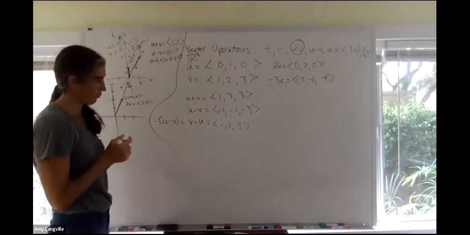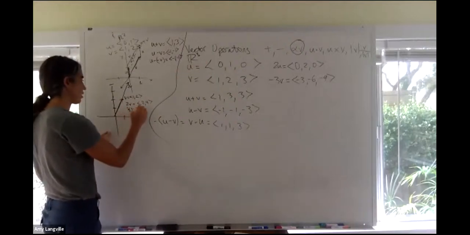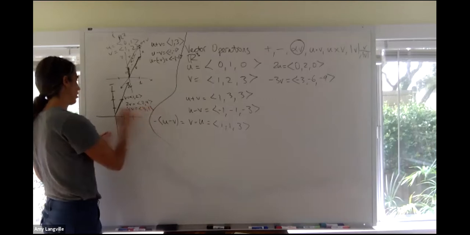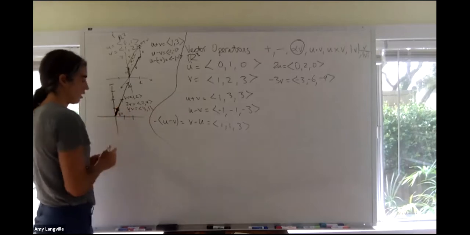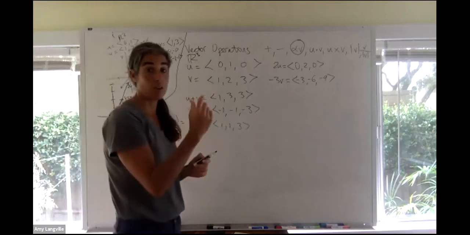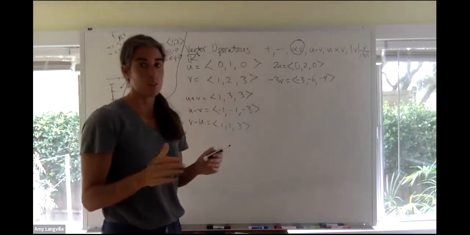It shoots it out. If I did 1/2 V, that shrinks it. It would go 1/2, 1, would be right here. So just this short little, I'll darken it, boldface it. This is 1/2 V. So V has some length. 1/2 V is half as much. 2V is twice as long, but they always point in the same direction.